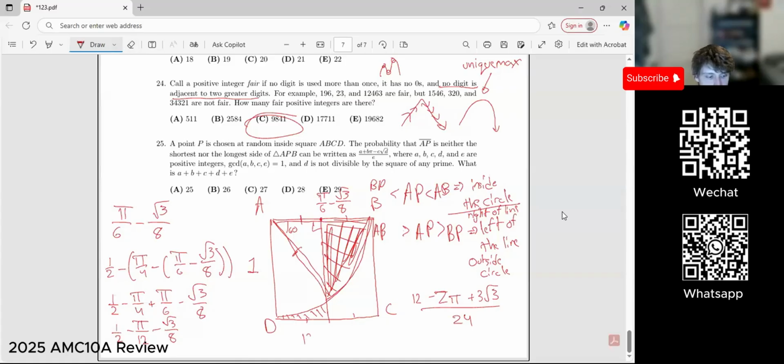So then, let me just make sure that I have all my numbers correct. Six, wait, that's 1/2 minus, 6 plus pi. Why do I have 12 over 24?